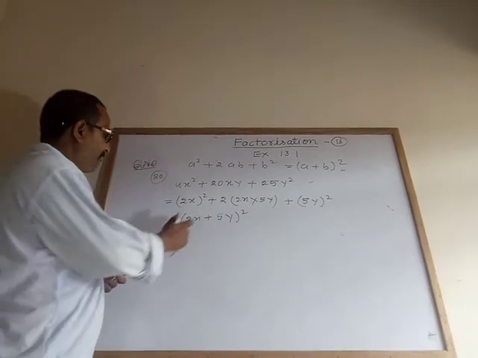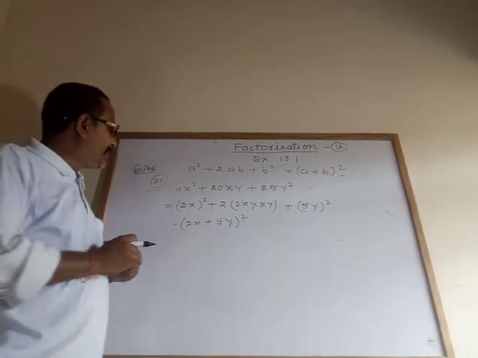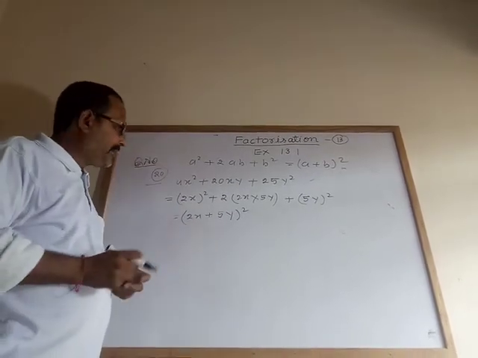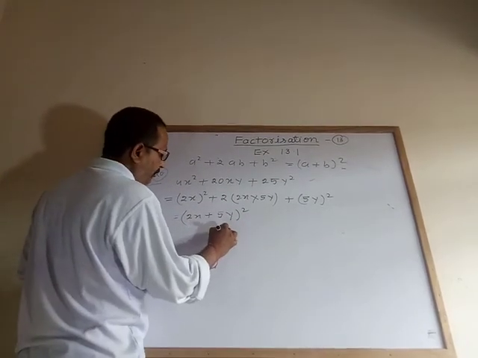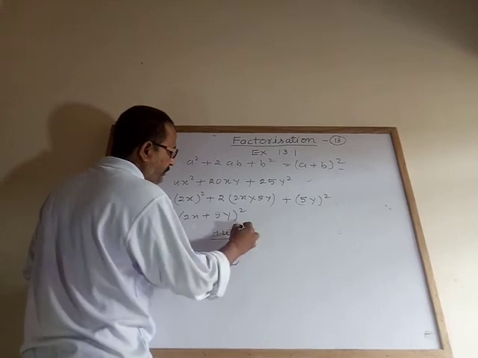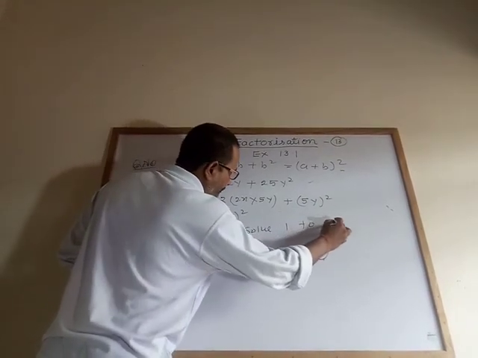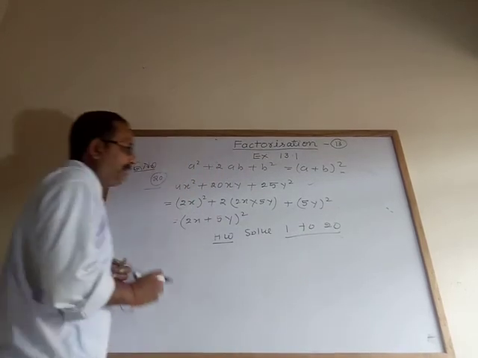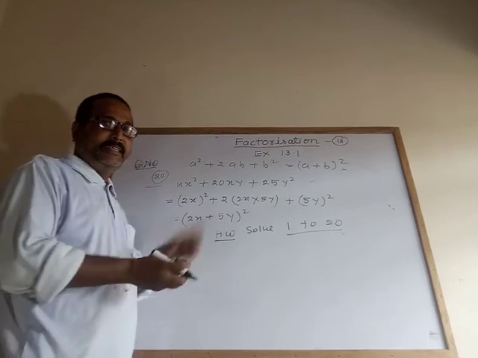So from question number 20 it is going to be checked. My dear students, your homework is that you have to solve 1 to 20. I have explained all the even number questions.